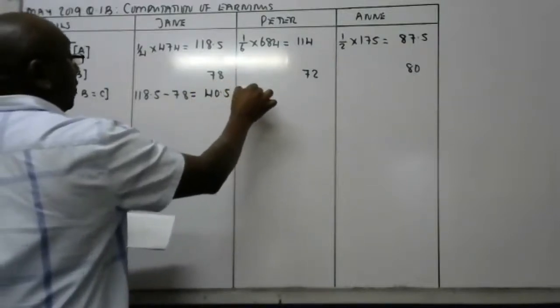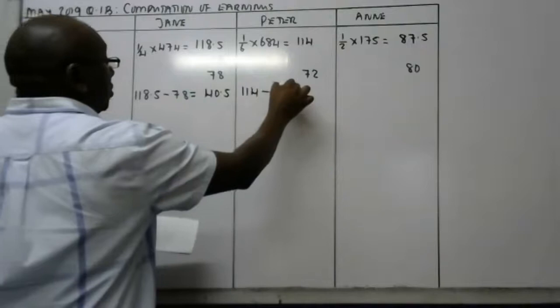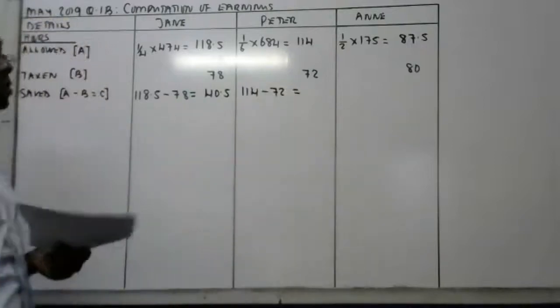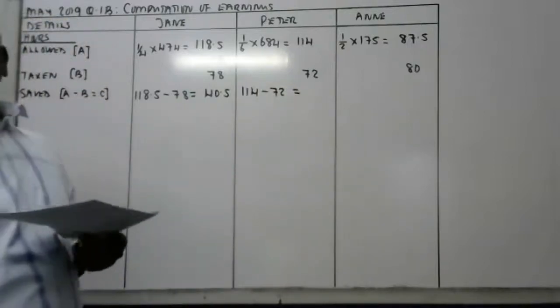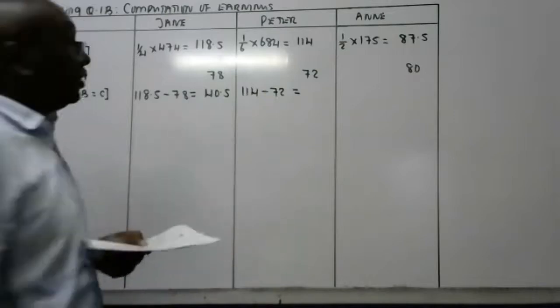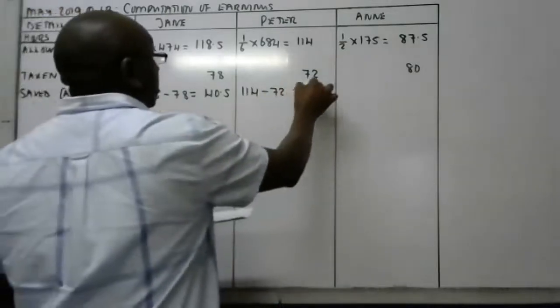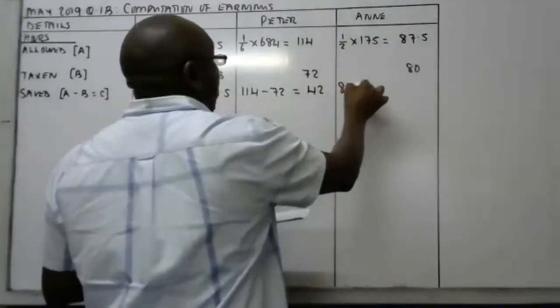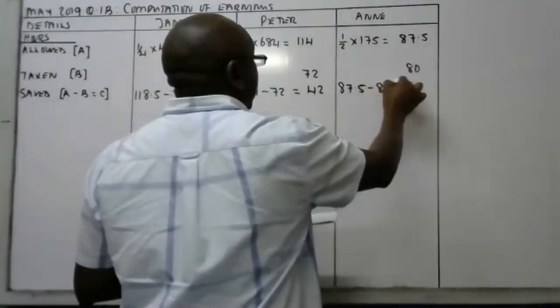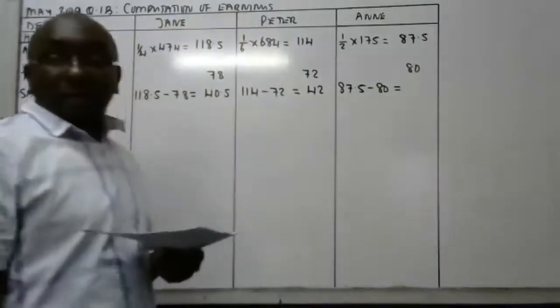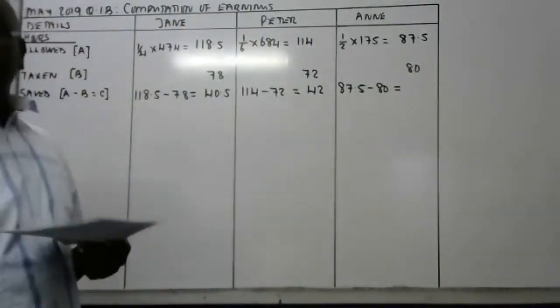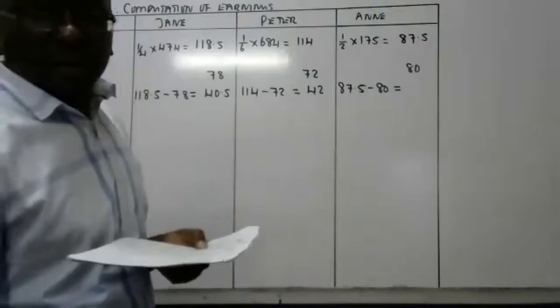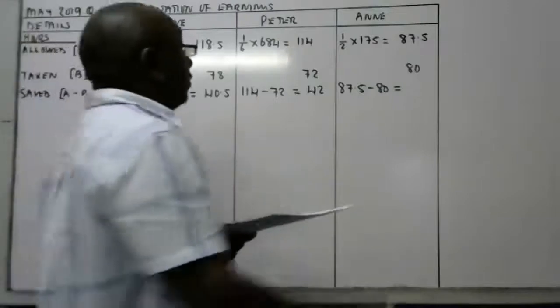Then 114 minus 72 is 42. 87.5 minus 80 is 7.5.